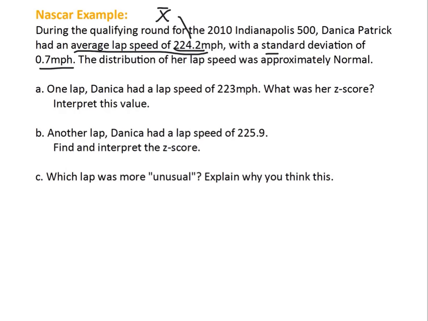So standard deviation is 0.7, which is notated as SX or just S. The distribution of her lap speed was approximately normal. This is going to become really important in the next couple of videos. So we're going to go through these 3 questions as we go through the next 3 slides.